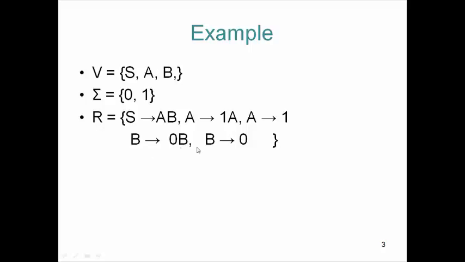Similarly, B goes to 0B and B goes to 0. You can replace S with AB, A with 1A and B with 0B, and so on. This particular grammar will generate strings which contain n number of ones and m number of zeros.